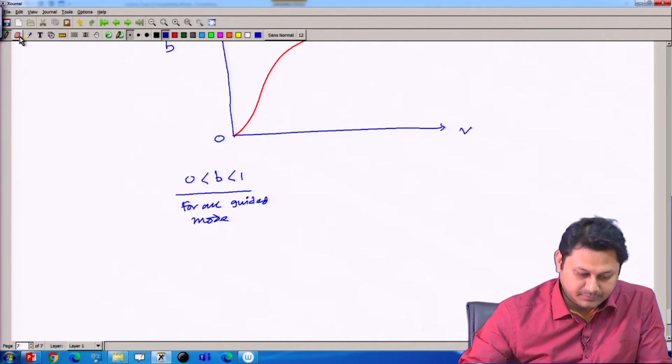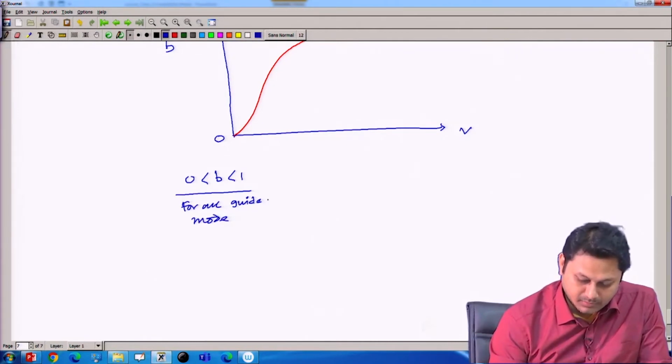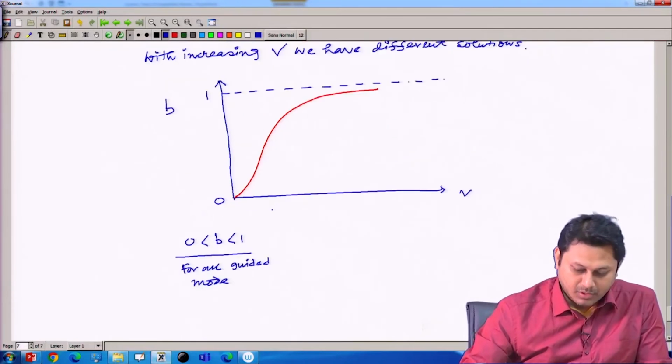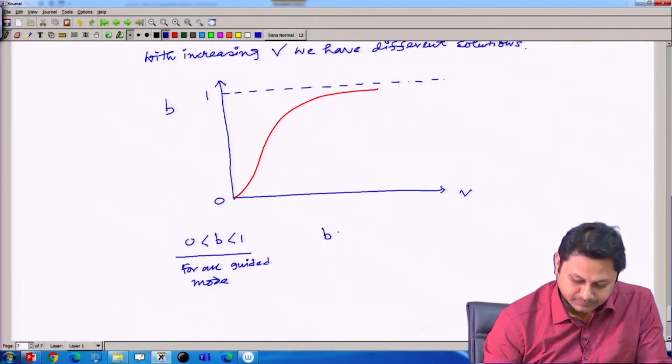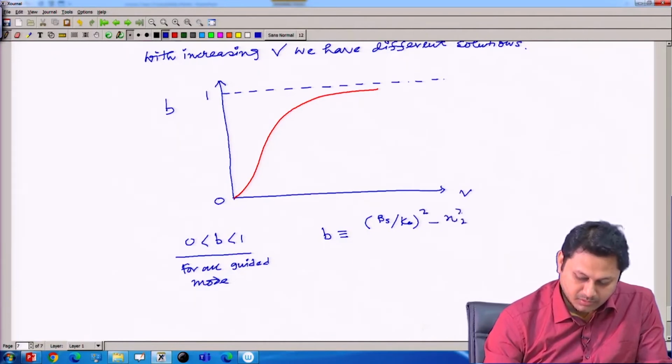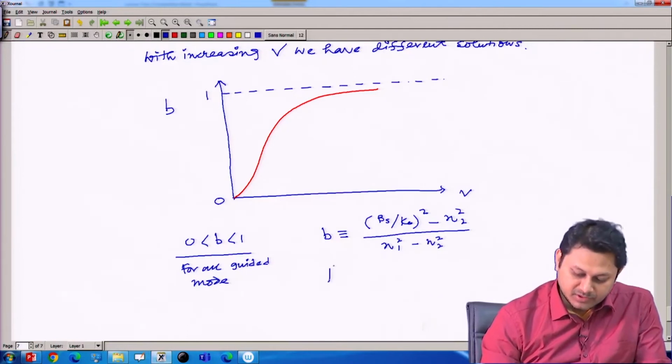Now b is also, so all the solutions if I write, it should be the beta solutions divided by k0 square minus n2 square, whole divided by n1 square minus n2 square, and beta solutions is this one.